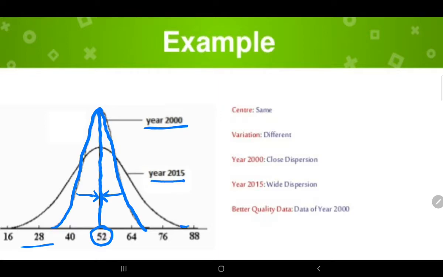The data of year 2015 is more wide and spread from the central value. So we have to compare the two sets of data to see which one is better. The year 2000 is better because it is not much spread from the common or middle value. So measure of dispersion is used to compare two sets of data by their variation.